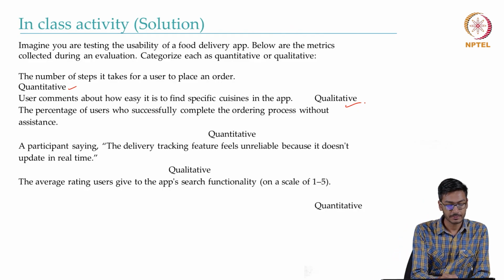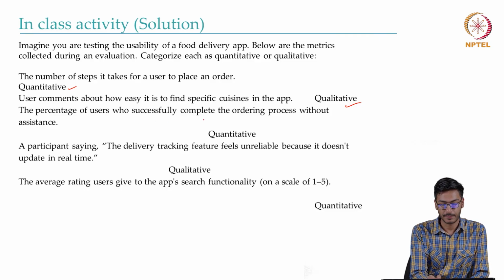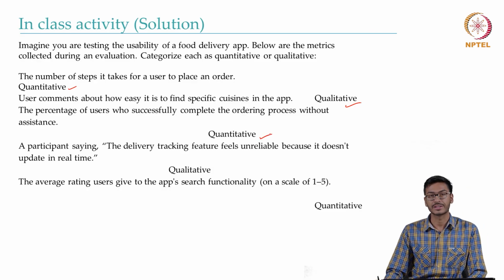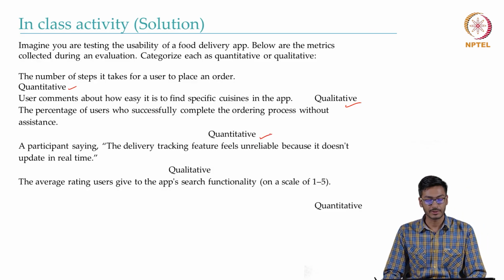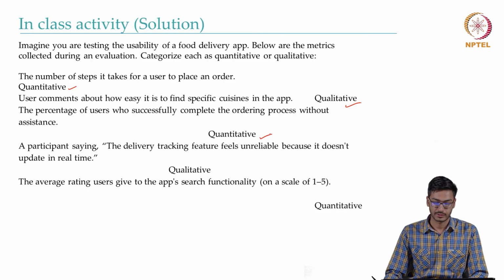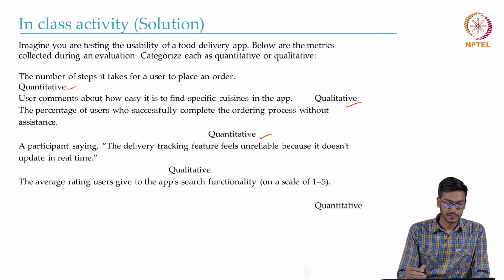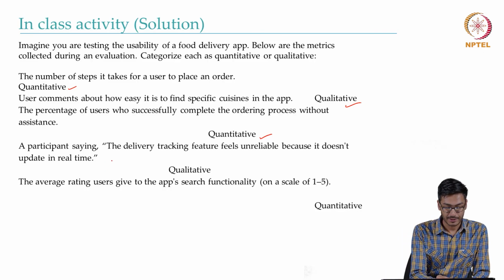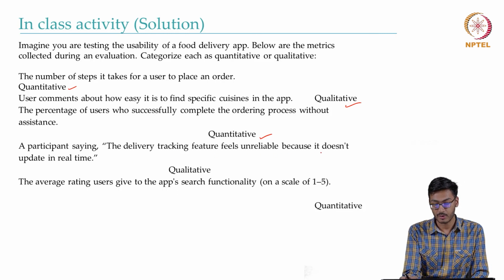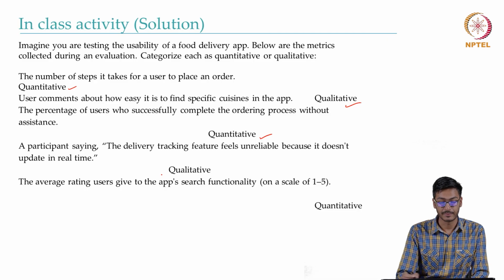Next, we have the percentage of users who successfully complete the ordering process without any assistance. It is definitely quantitative because it is the percentage of users. Next, we have a participant saying the delivery tracking feature feels unreliable because it doesn't update in real time.